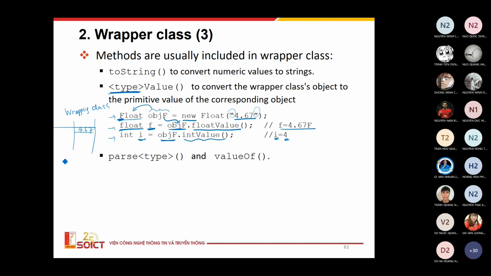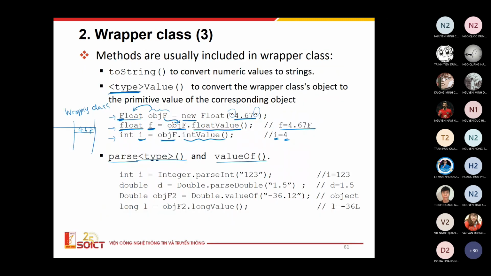Another method you can use is to pass into a new wrapper class object with this syntax and the valueOf method. So how does it work? For example, you have a string "123" like this, and you want to convert it into the value of a primitive data type.